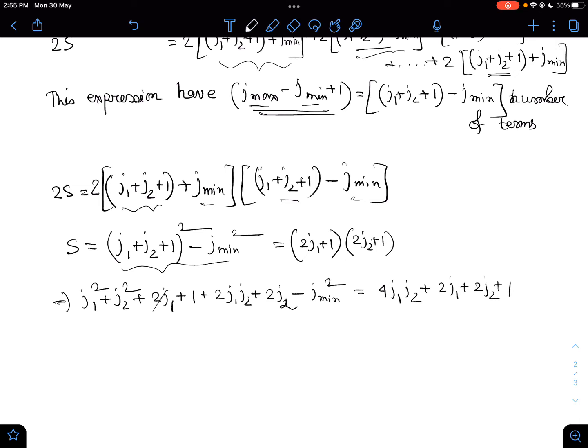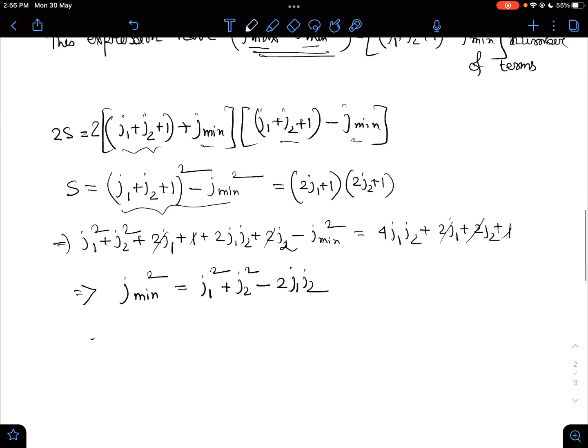So these 2J1 and 2J2 terms will cancel out, and this one term will also cancel out. So we have J min squared equal to J1 squared plus J2 squared minus 2J1 J2. So J minimum squared is equal to (J1 minus J2) squared.